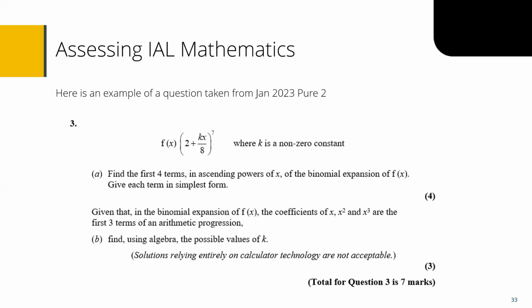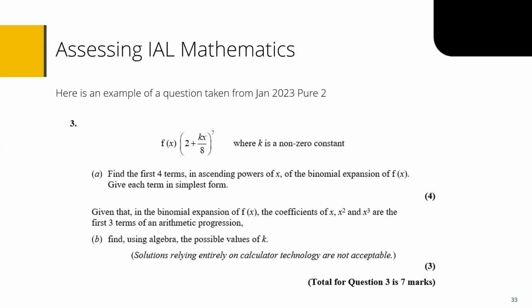So if they put some answer straight away from the calculator without showing sufficient working, they're not awarded those marks, especially when that sentence comes up. When that's not there, there could be leniencies, but if that's there, that immediately means that they cannot get the marks. And we'll have a look at that in a minute.